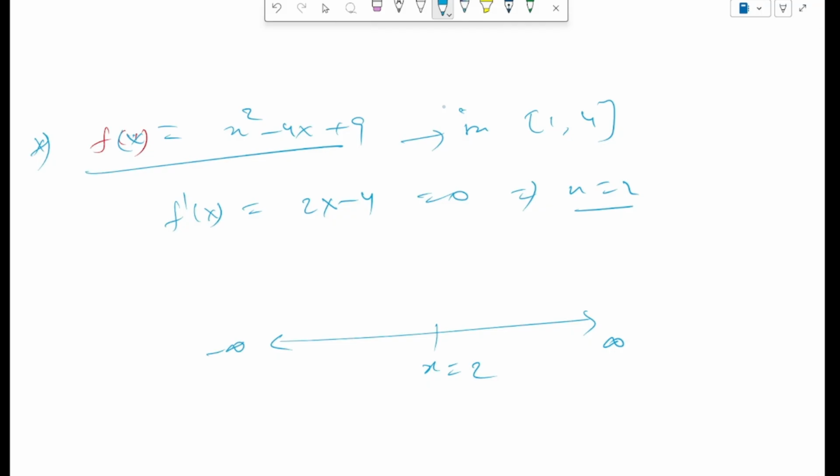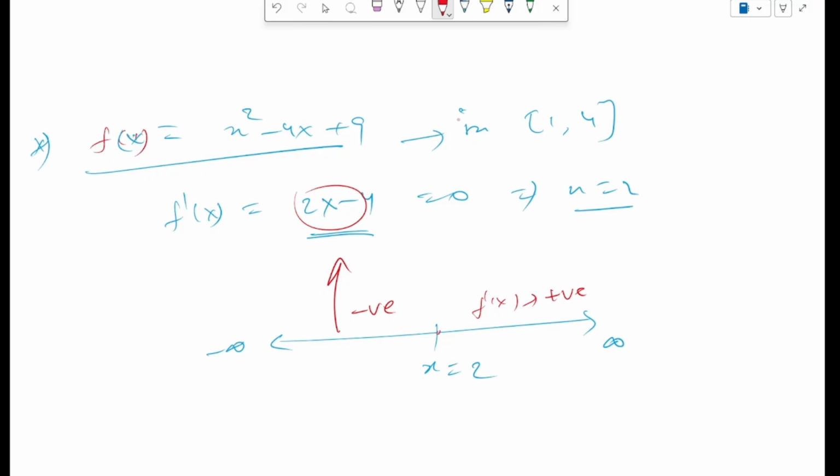If we put anything lesser than 2, let's say 0, in f prime x, we will get a negative value, and in this region we will get f prime x as positive, right?